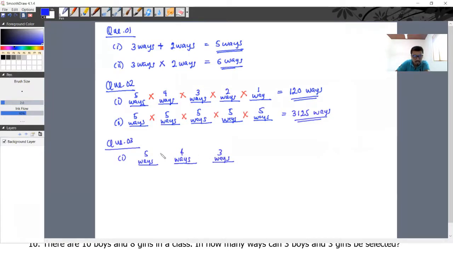If we are using and, we need to use multiplication. So 5 into 4 is 20, 20 into 3 is 60. So altogether there are 60 ways where we can form a 3-digit number using the digits 1, 2, 3, 4, and 5 if the repetition is not allowed.